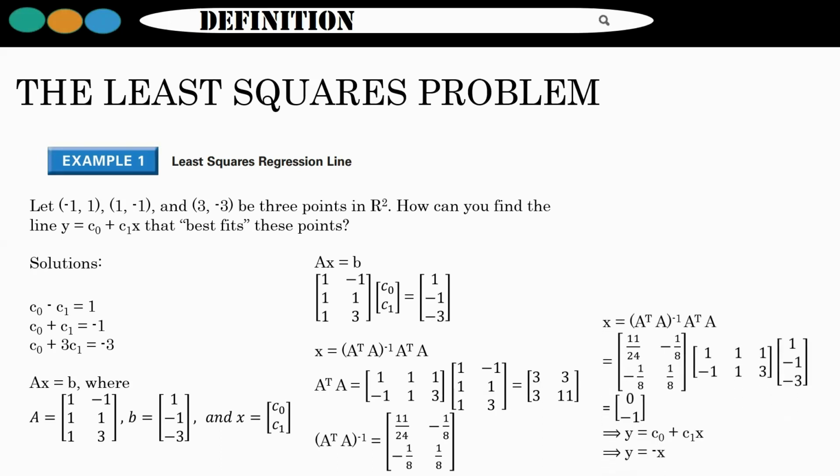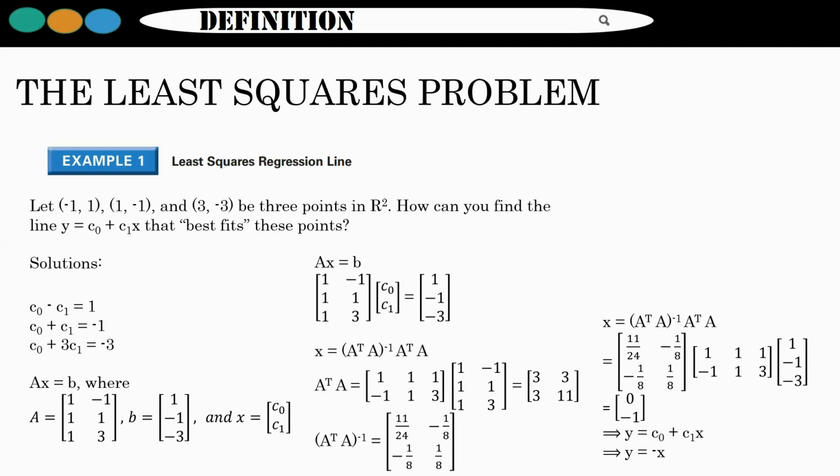So we are going to apply this in the formula by substitution. The inverse of A transpose A is 11 over 24, negative 1 over 8, negative 1 over 8, 1 over 8, times the transpose of A, which is 1, 1, 1, negative 1, 1, 3.